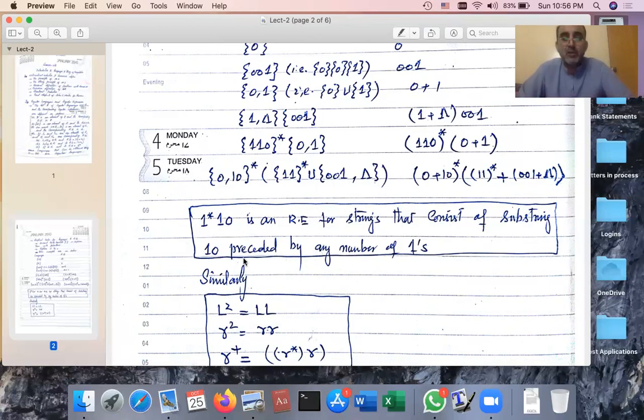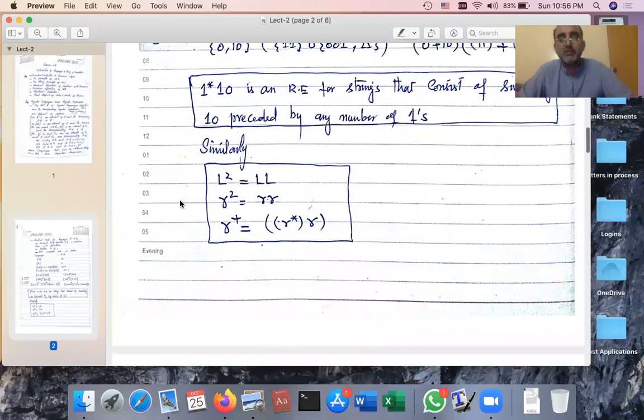So 10 preceded by any number of ones, including nulls. So null can precede this 10, 1 can precede this 10, double 1 can precede this 10, triple 1 can precede this 10. And in this way, you can produce different strings from these regular expressions.